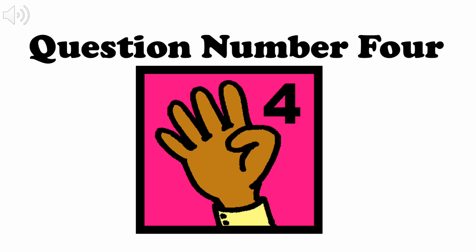Okay, question 4, year 3 and 4, are you ready? Okay, the first clue is all 4 sides are of equal length. Okay, clue number 2, to get you thinking, diagonally opposite angles are equal.